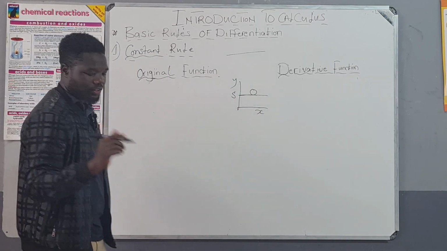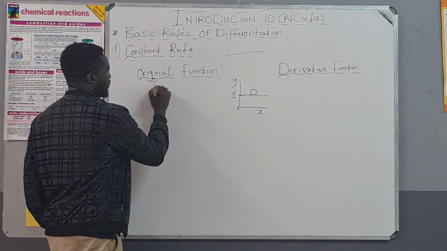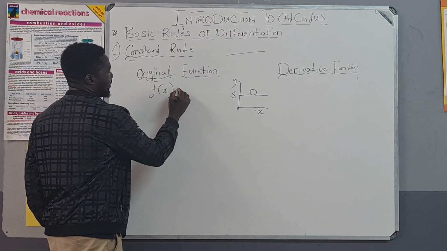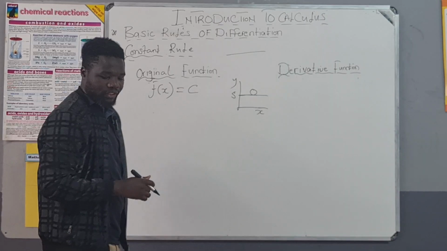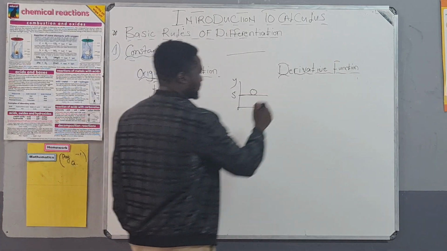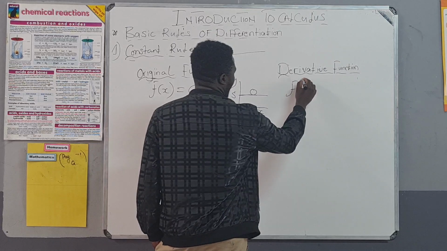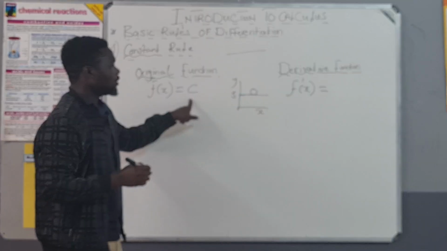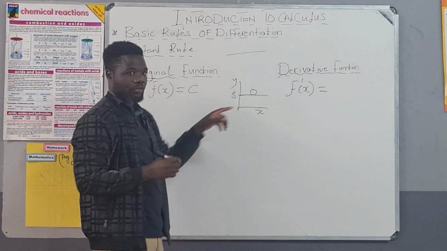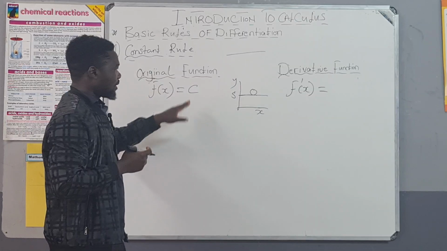So what does the constant rule state? The original function is f of x equals c, where c means the constant. But what about the derivative function? The derivative of a constant is always equal to 0. Don't forget that.